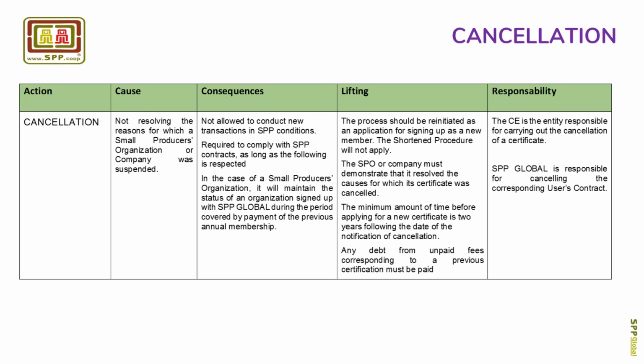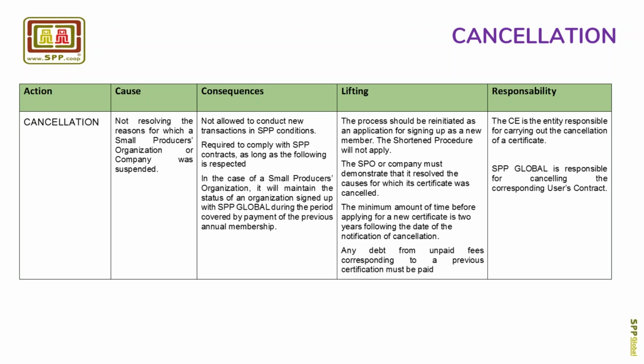It means that they would not be able to celebrate new contracts. The other is that they are required to comply with SPP contracts. It means that they must comply with contracts celebrated in the past, the same as in the suspension.